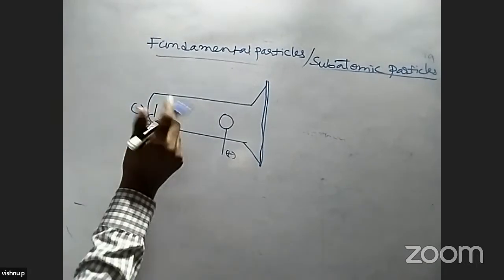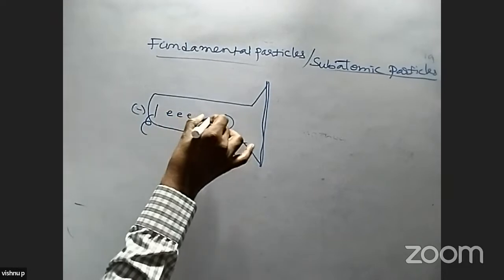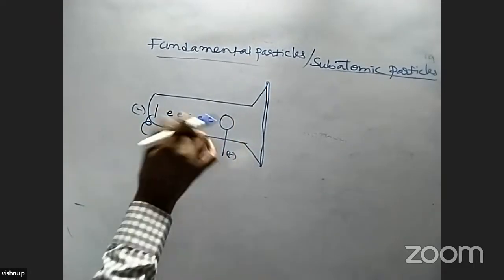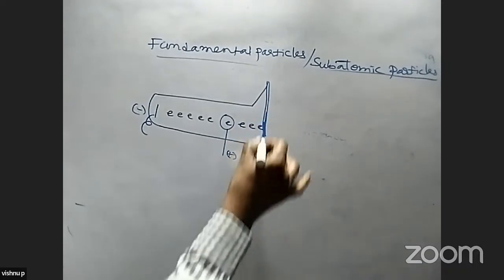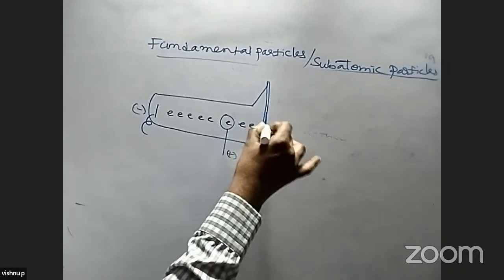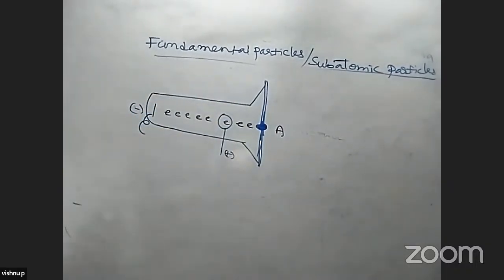The gases are present in this ionized tube under high voltage, low pressure conditions, and the stream of electrons strikes at this point. We can take this point as A on the fluorescent material.